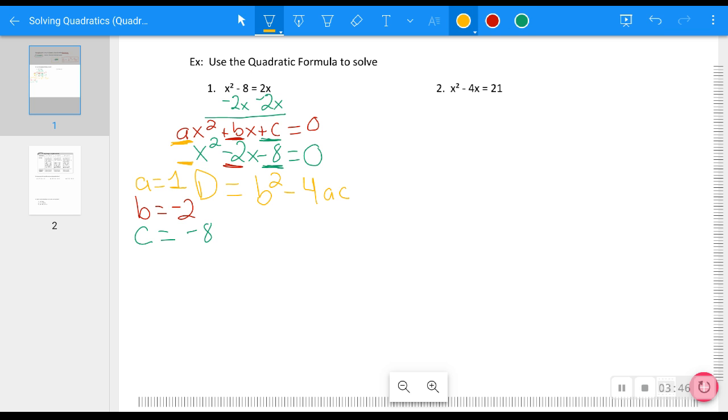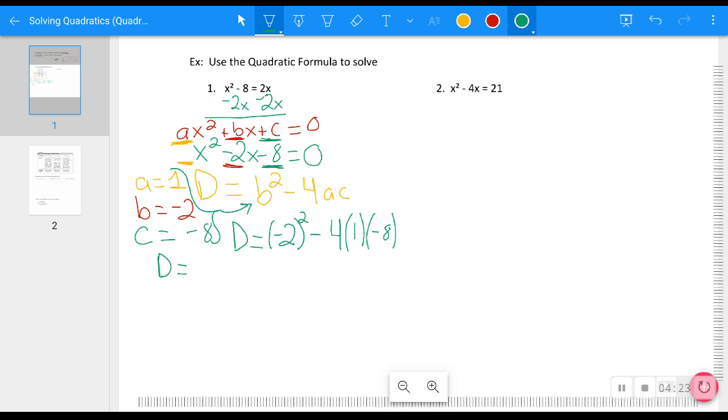So all we have to do now is take these three numbers that we just found and plug them into the equation for the discriminant. Now our discriminant is negative 2 squared, because that's our b. Make sure that negative is included in the parentheses. It's very important. Minus 4 times a, which is 1, times c, which is negative 8. We can do this math in our heads, or you could use a calculator.